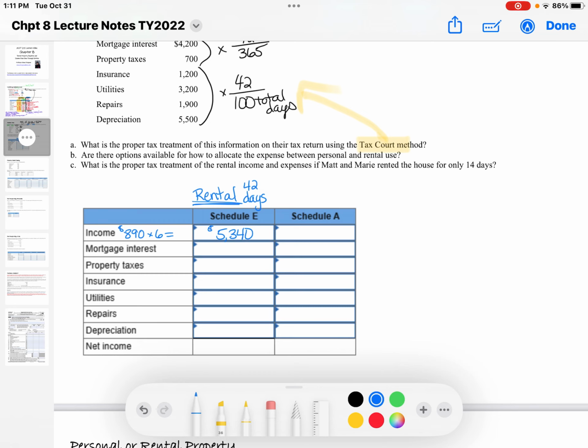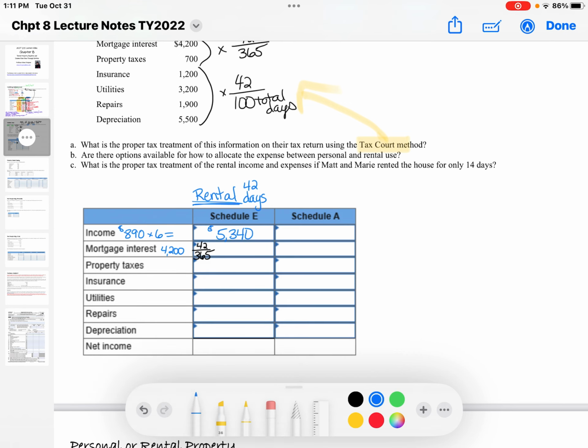Now, mortgage interest, the total of that was $4,200. But because we're doing the tax court method, we're going to multiply this by 42 over 365. That's the tax court method.